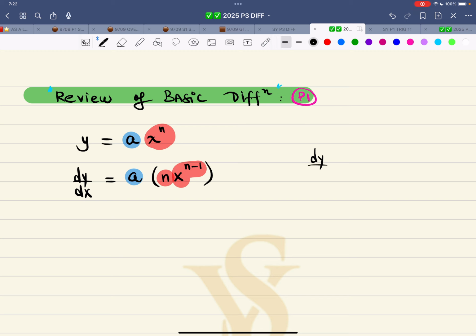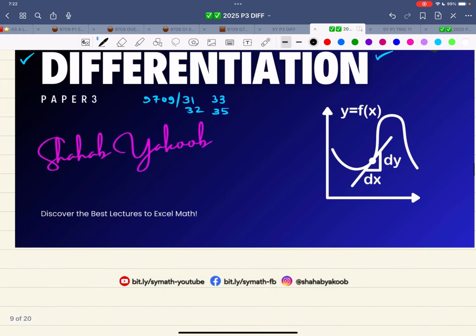So remember, dy by dx is known as the gradient function. And why do we call it the gradient function? Because it gives the gradient of the tangent to the curve at a particular point. And I think this image says it all. This is the curve, and this line that you're seeing over here is the tangent.